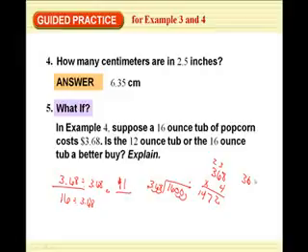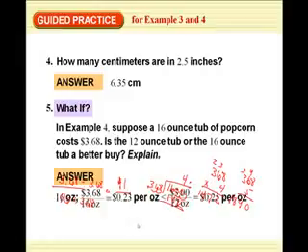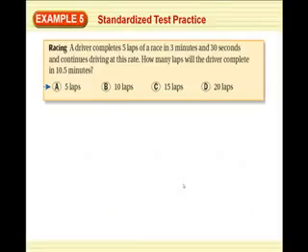And 3.68 times 5, that's going to be too many. So that's 4 point something, but it's going to be bigger because we didn't use all the numbers, so it's going to be just a little bit more. So it's just a little bit better deal. It's only 23 cents per ounce, so we're getting just a little more than 4 ounces. So the 16-ounce tub is a better buy.